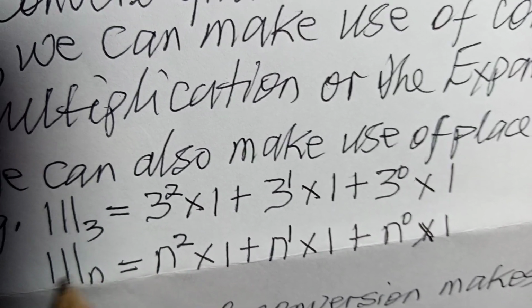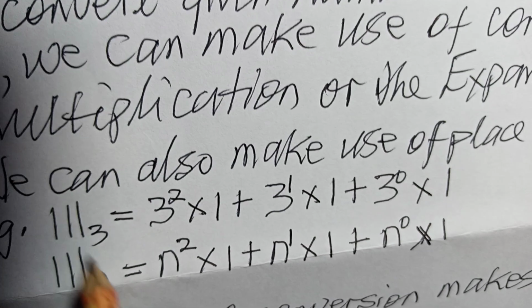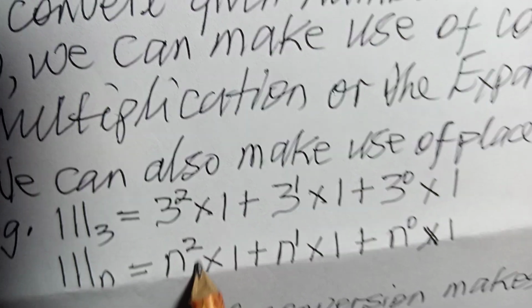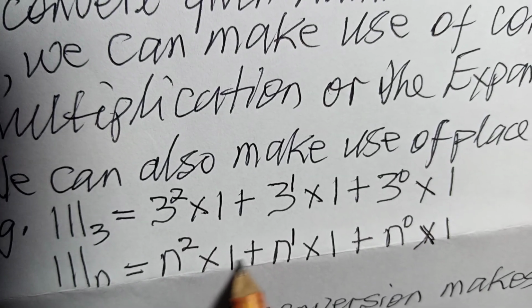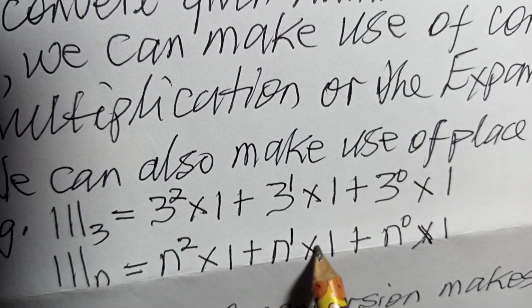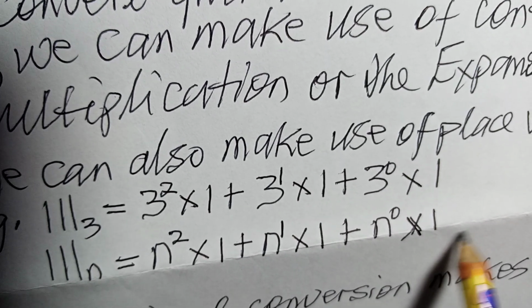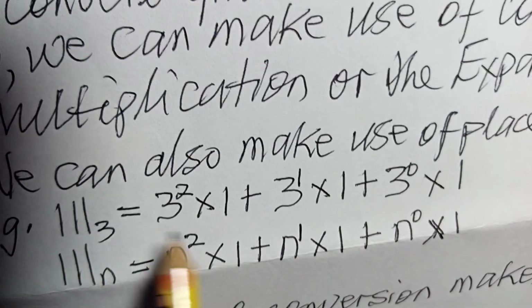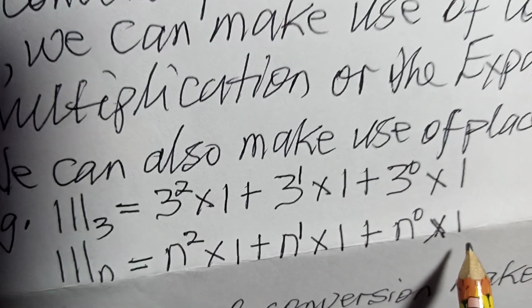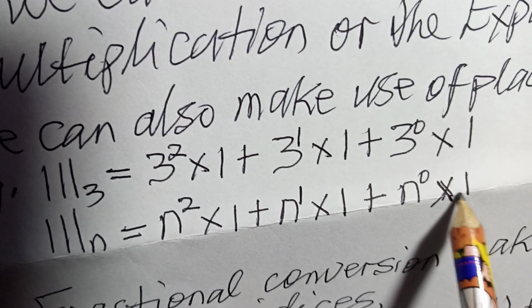Since it's 3 digits, you put your base, you just write n. If it's 7, write 7. You times, you leave the space, plus n, you times, you leave the space, plus n, you times, you leave the space. Then since it's 111, you simply put 1 here, 1 there, and 1 here. And then you start to add the power from the right to the left.